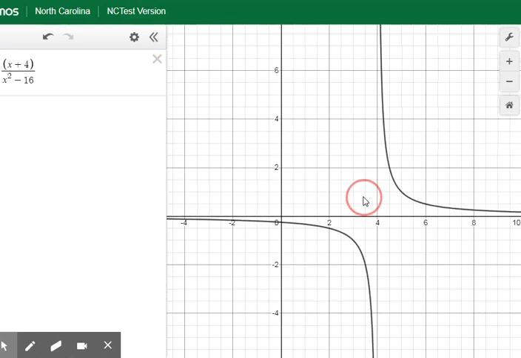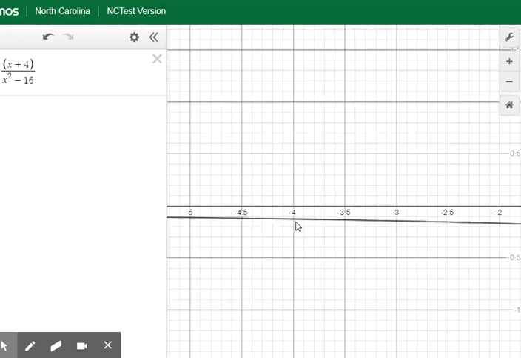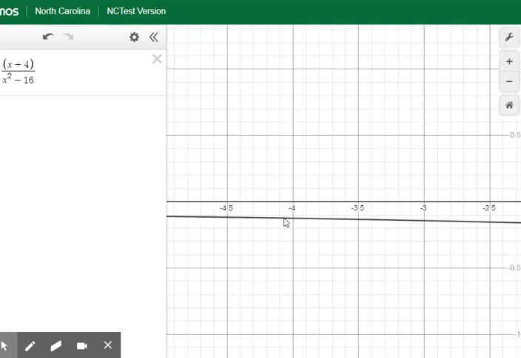So I'm just going to worry about graphing that part. So there's what our graph looks like here. It doesn't show us right off the bat a big gaping circle here at -4 for an open point, but if I click and drag till I get to an x value of -4, it tells me that's undefined, and it shows me that point right there.